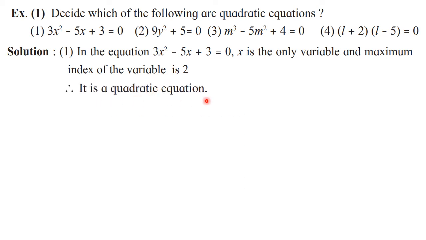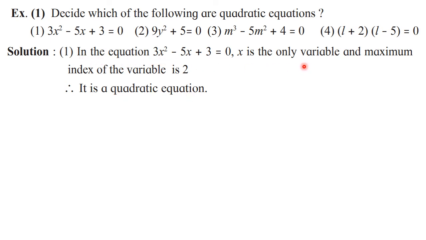Okay, so this justification carries marks. If you simply write it is a quadratic equation, you will get only half mark for this 1 mark question. It's a 1 mark question. Or sometimes the examiner will give 0 also, because there is no value to the answer. Justification is a must. So you need to write down this statement.